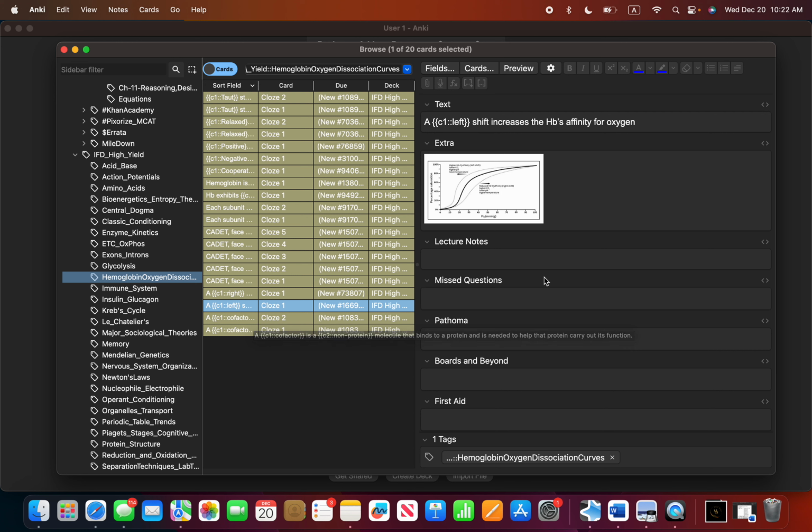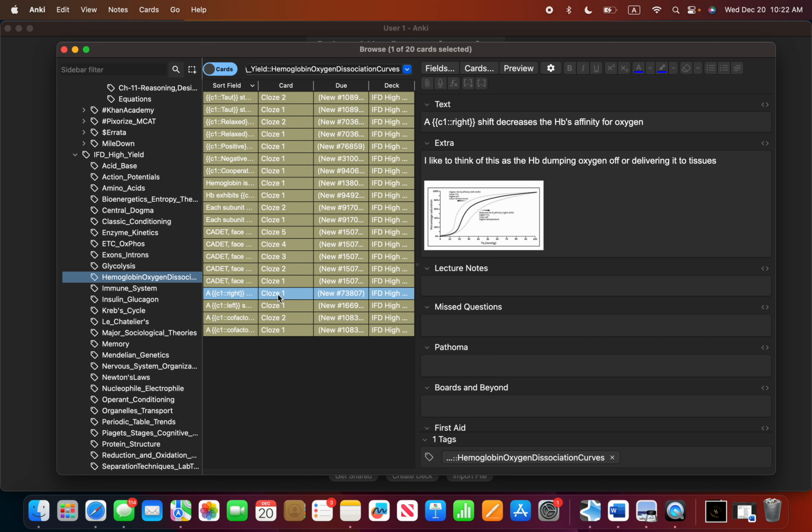Oh, okay. So the more you go to the left, it increases the HB's affinity for oxygen. A right shift decreases the HB's affinity for oxygen. I like to think of this as the HB dumping oxygen off or delivering it to tissues.